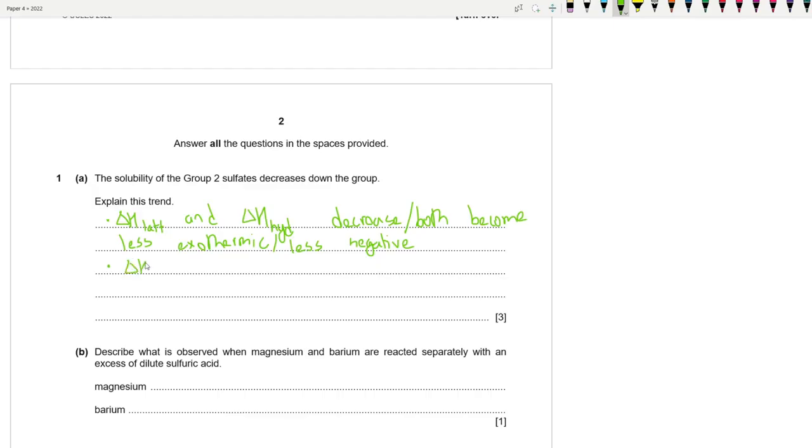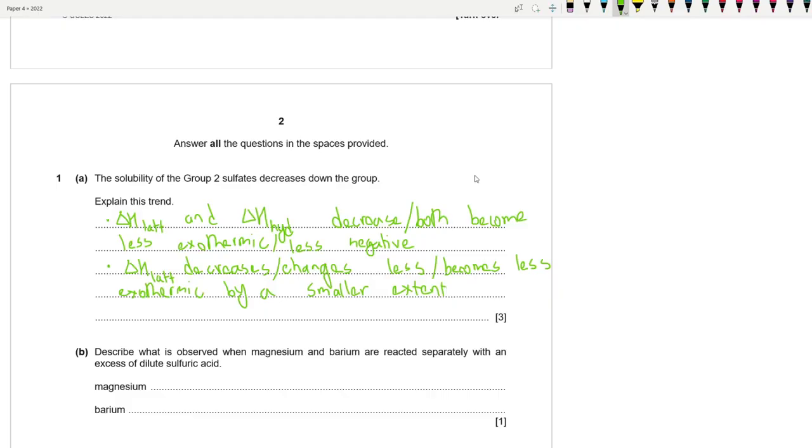So you could answer this in 2 ways. You could either say that del H lattice decreases or changes less, or becomes less exothermic by a smaller extent.